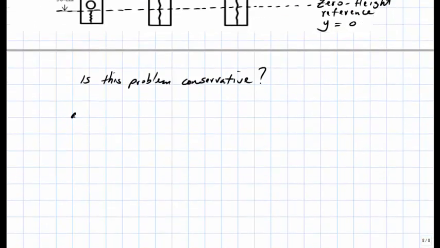So again, in part A, we want to find V final at ground level.